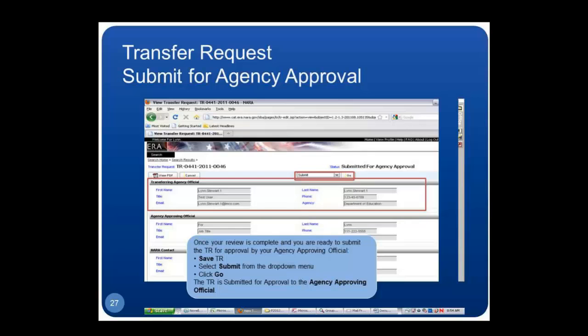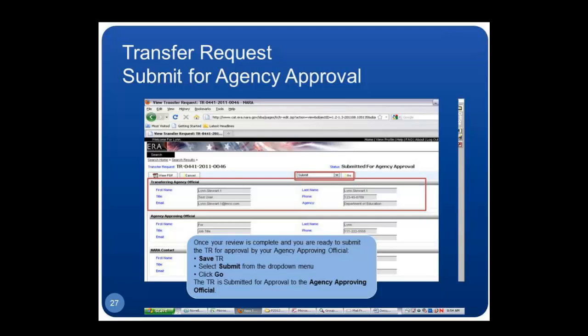I will point this out again momentarily. So in order to submit the form, there is a pick list at the top of the screen, which can be updated to select submit. The pick list should be updated to submit, and the Go button needs to be selected.